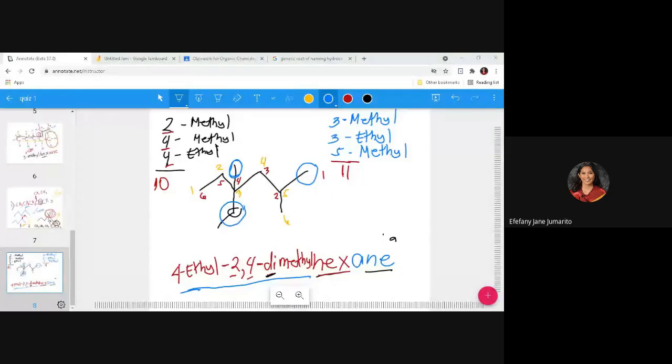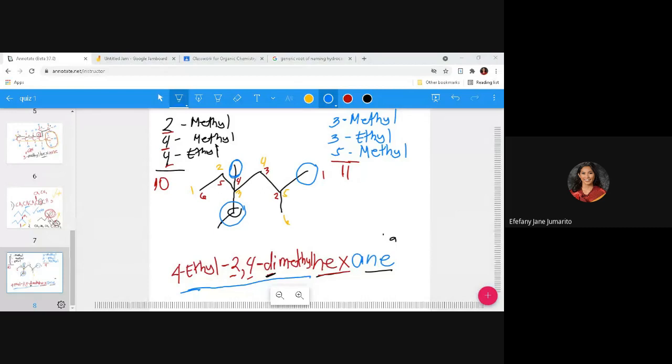Walay question. Excuse me, ma'am. Sige, go. Nauna ang dimethyl, ma'am, kaysa sa ethyl. Class, when you write the substituents, una i-alphabetical ninyo.